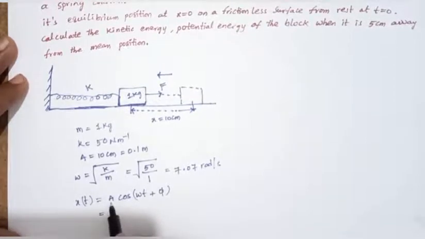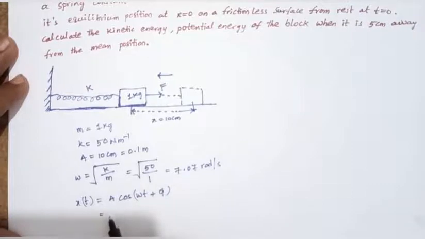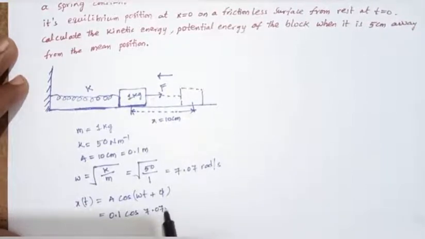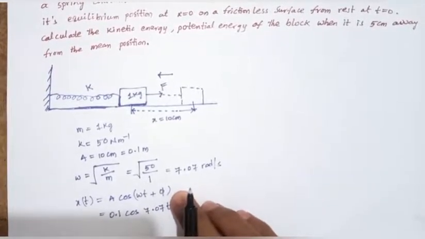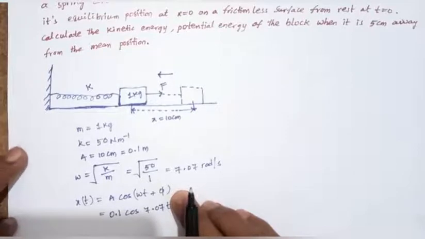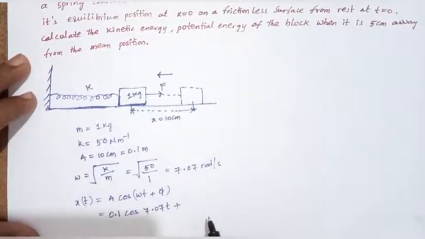Here A equals the maximum amplitude, maximum displacement, that is 0.1, and omega equals 7.07. The phase constant phi equals 0, there is no phase constant.